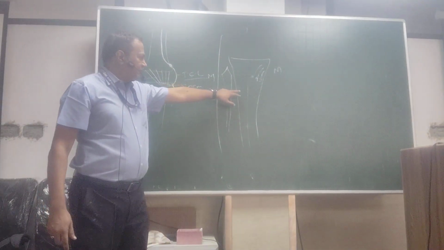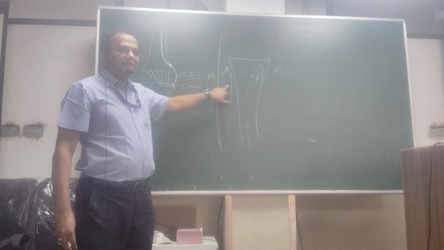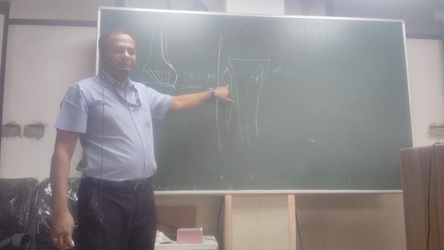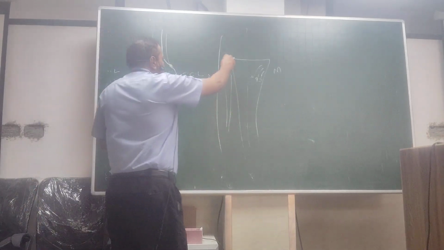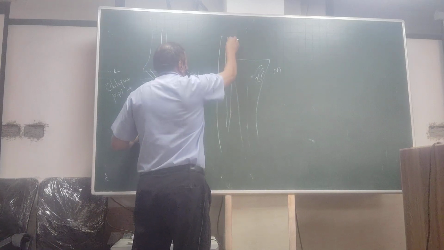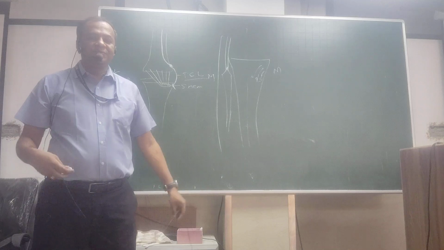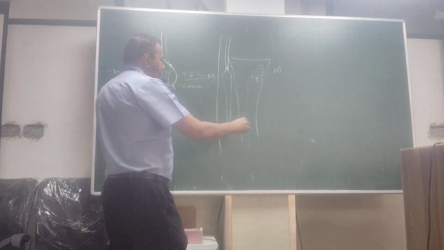Now on the side of tibia is the fibula. On the side of tibia is the fibula, and on the head of the fibula is inserted the biceps femoris. That insertion is C-shaped.